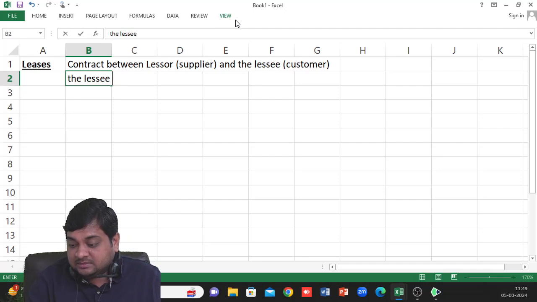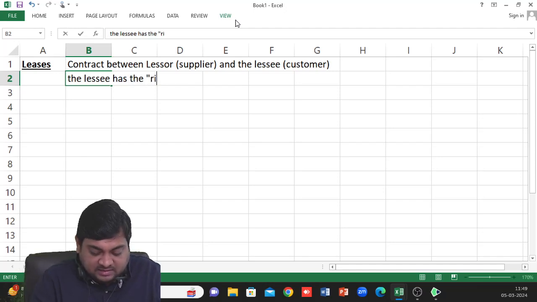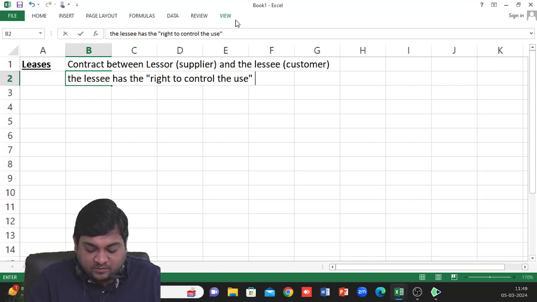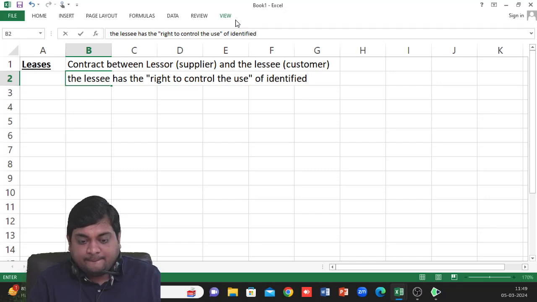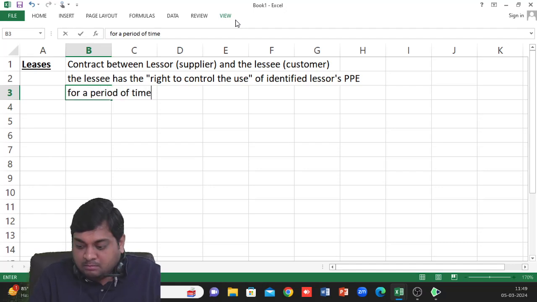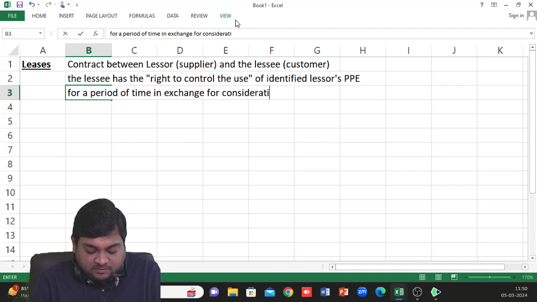The lessee has the right to control the use of the identified lessor's PPE for a period of time in exchange for consideration.